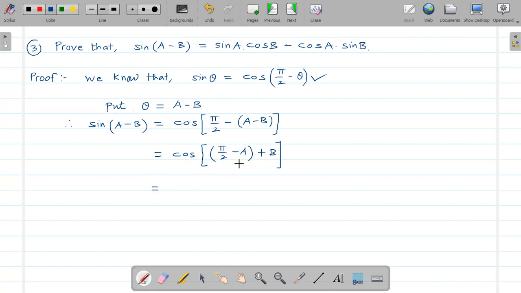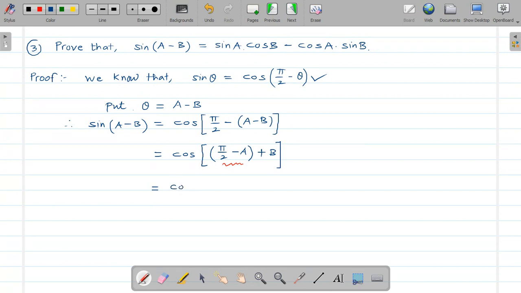Now you know the formula of cos of a plus b. Consider the first part as a. So cos of a plus b, use the compound angle formula: cos a into cos b minus sin a into sin b.